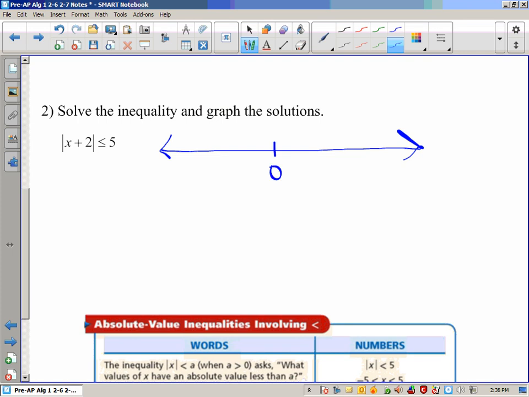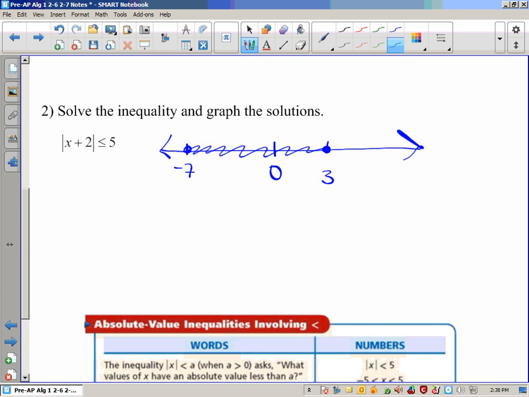I know one, 3. Since it says equal to, I can include that number. What other number could I add 2 to and be 5 units from 0? That would be negative 7, because negative 7 plus 2 is negative 5. I can include that and then shade in between.